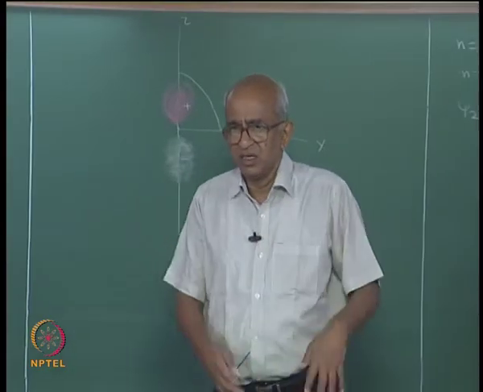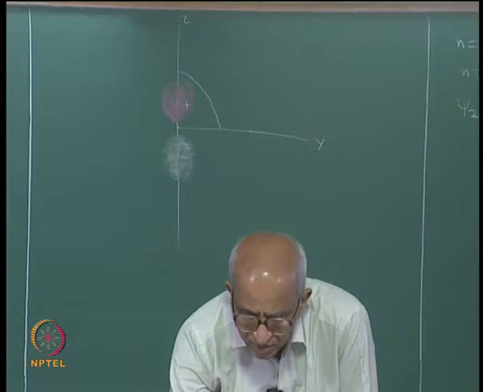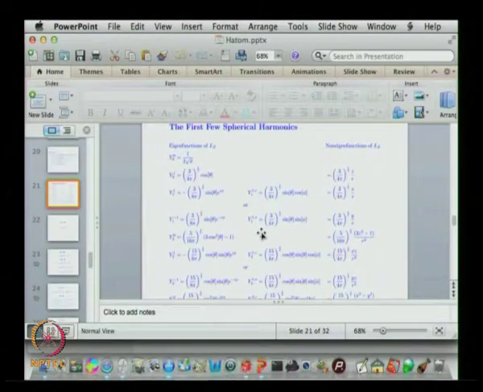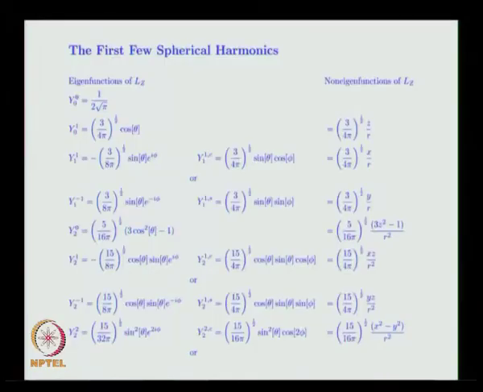you can evaluate it using the formulae that I had given earlier, but what I will do is I have come with a table, so that we can just use the table. So, here I have a table of all the spherical harmonics that we will ever need, at least in the chemistry lectures, or most of them.